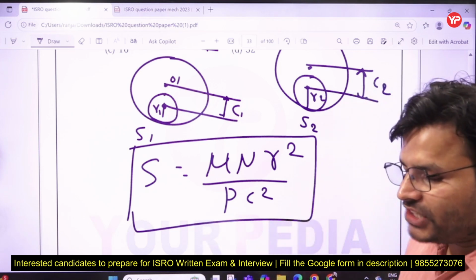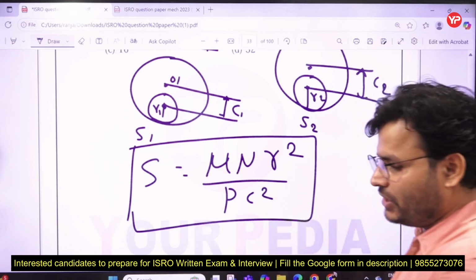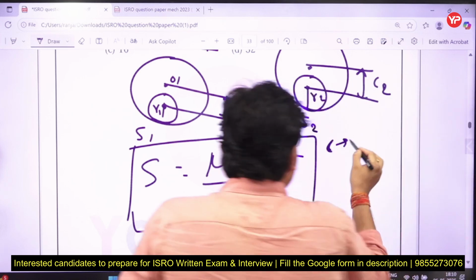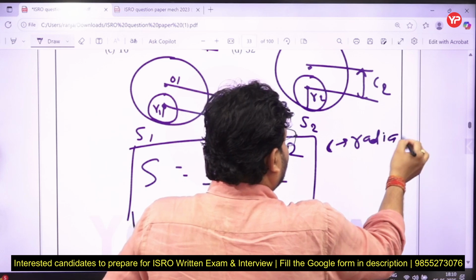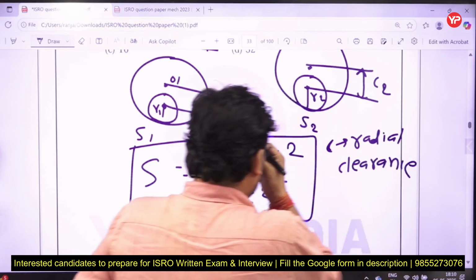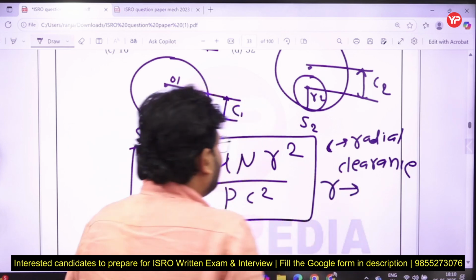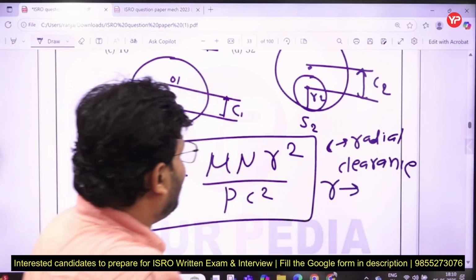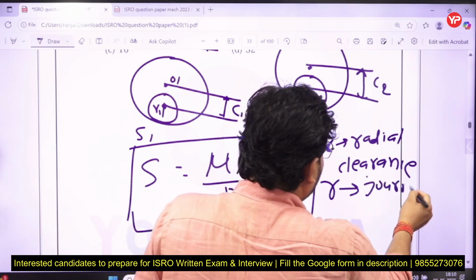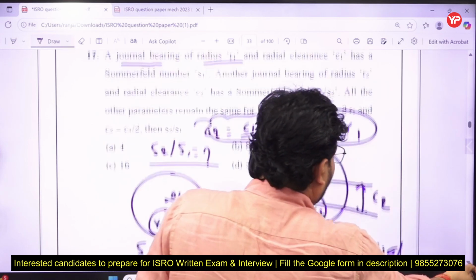R is the journal radius, P is the bearing pressure, and C is the radial clearance.